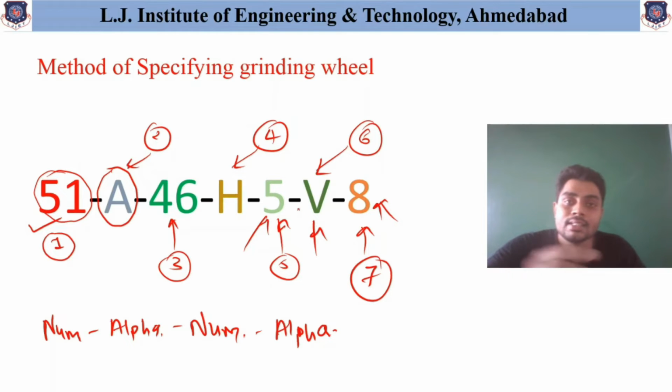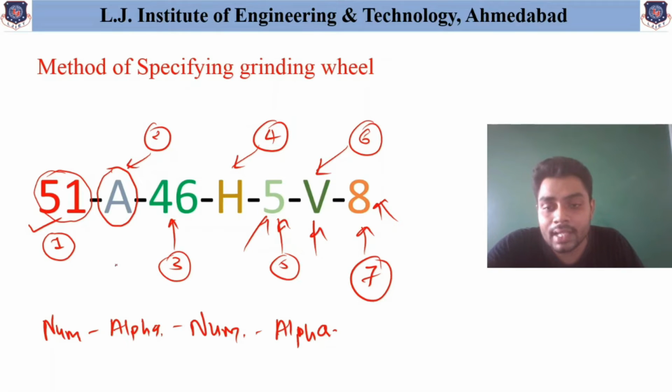So a total of 7 different terms are given from which you can understand the specification of this grinding wheel. I have written all these 7 over here because you need to remember that there are a total of 7 points available.